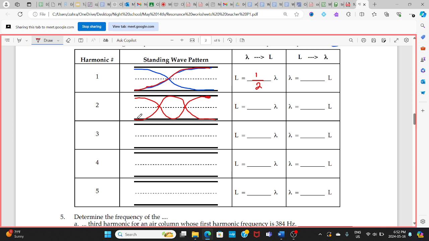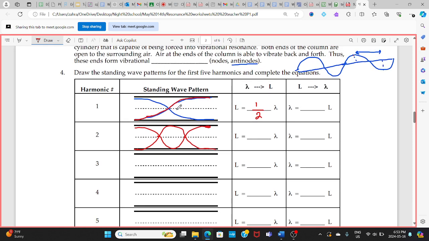Again, this would be from minimum to minimum, right? Same point. Means how many lambda? If the full wavelength is here, it's kind of from minimum to minimum, true?